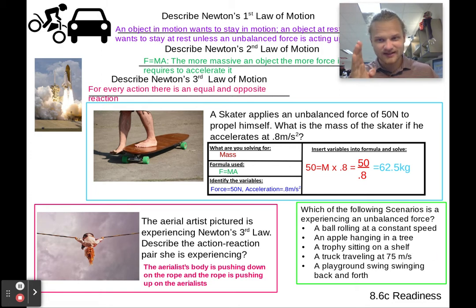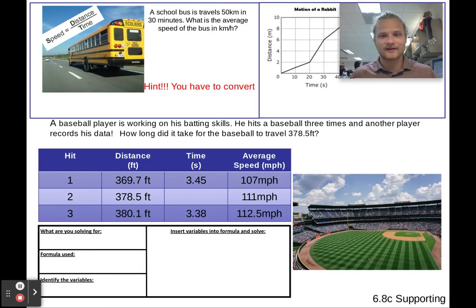As long as it's going at a constant speed and it's not changing direction, because if it's changing direction, then it's actually accelerating. Okay, so that one should be a balanced force as well. And then a playground swing going back and forth. Okay, now we're going to have an unbalanced situation because it's changing speed, it's accelerating, it's slowing down, it's also changing direction. Okay, there's a lot of unbalanced forces going on there.